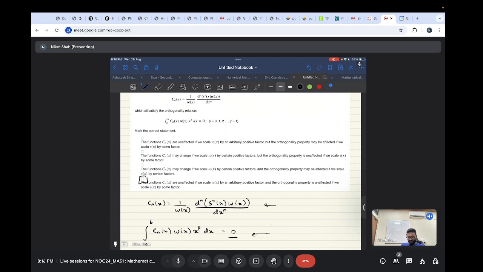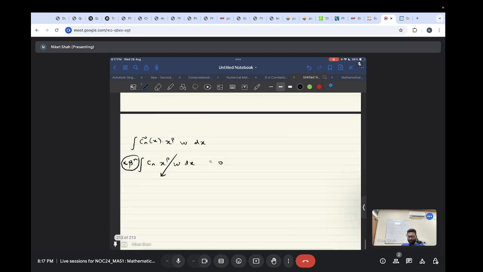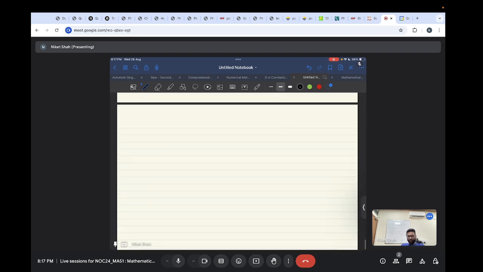Cn is unaffected if we scale W by arbitrary positive factor. So W scaling does not affect Cn, that's what we saw. And orthogonality property is unaffected if we scale S by some factor. We saw that both can be scaled, but still orthogonality property still remains the same. So yeah, the fourth one seems to be the correct option. Let's move on to the next question.